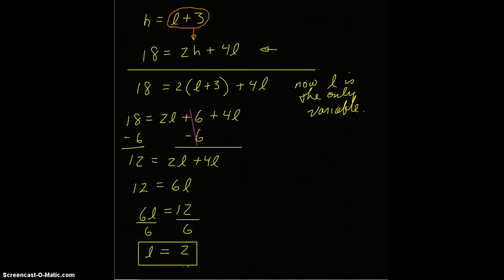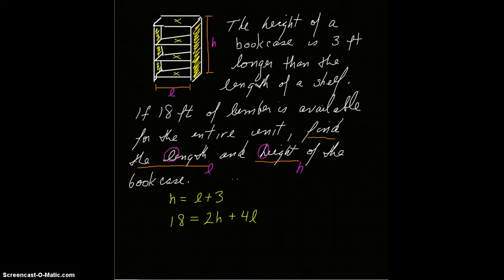Let's go back and see what the question was. I want to make sure we answer it. Find the length and height of the bookcase. Oh, we found the length. How are we going to find the height? So we found L was equal to 2, but we still need the height. Well, we had this relationship for the height and the length.